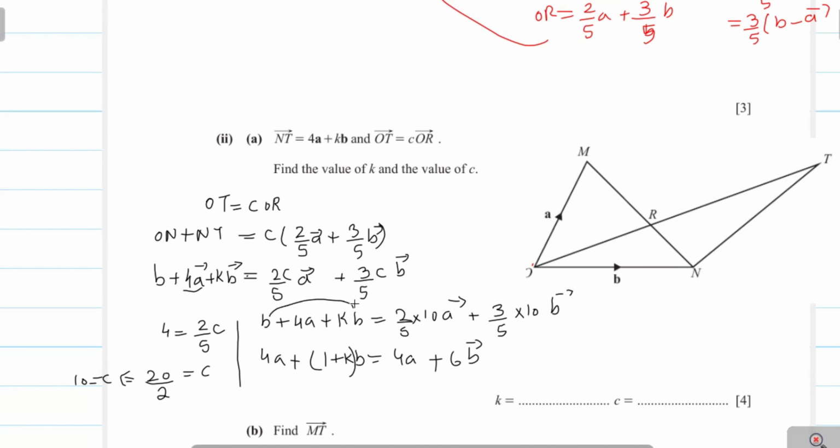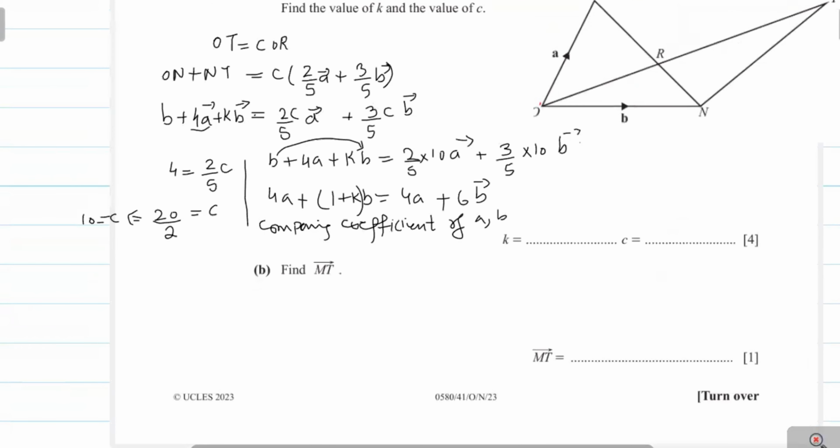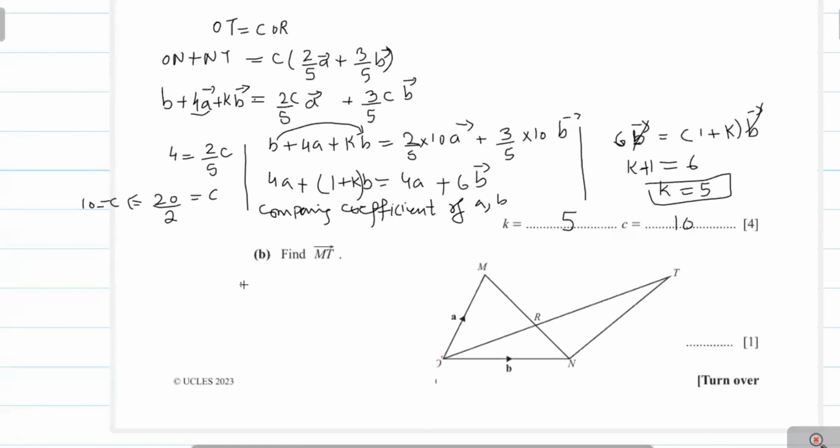We combine b plus kb, therefore it is 1 plus k b. Now we compare the coefficient of a and b. Comparing coefficients, 4a equal to 4a, 6b equal to 1 plus k b, and the 4a will be cancelled. Therefore, k plus 1 equal to 6, and k will be equal to 6 minus 1 is 5. We write here k is 5, c is 10. This is the answer.